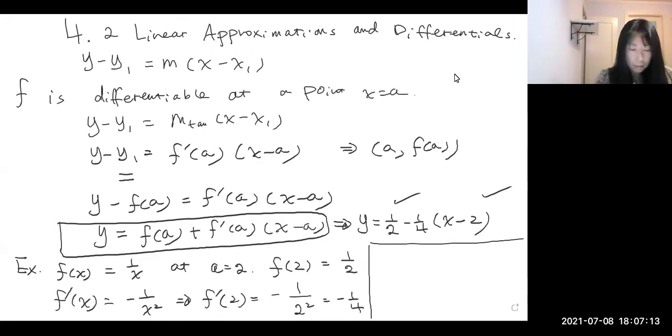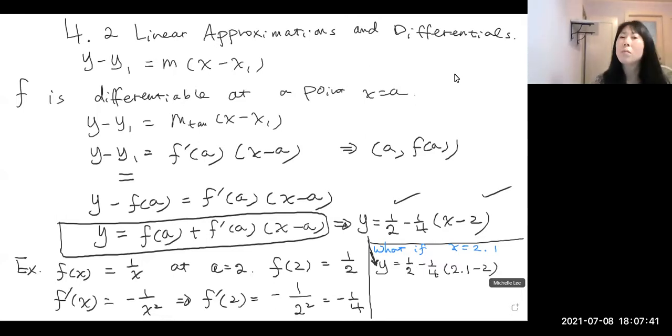So what if x equal to 2.1? Then can you please calculate this? y equal to, I'm using this one, 1/2 minus 1/4 times 2.1 minus 2. Can you please calculate this?